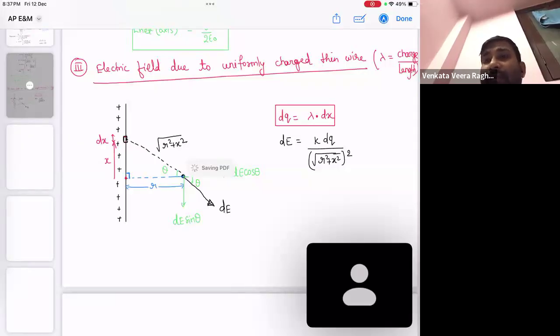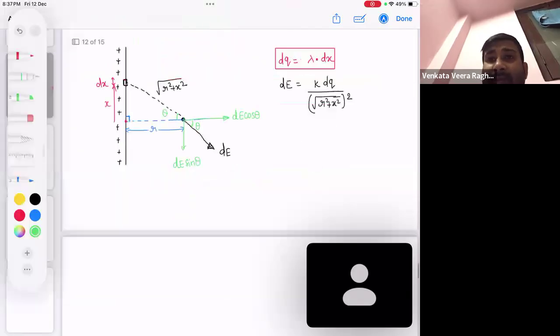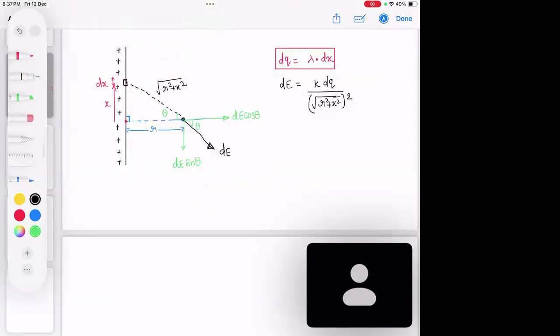What is the perpendicular component? To calculate the perpendicular component, what should we do? The perpendicular component will get cancelled, so we can directly take only the along component?